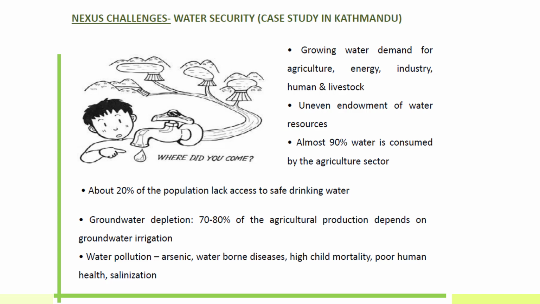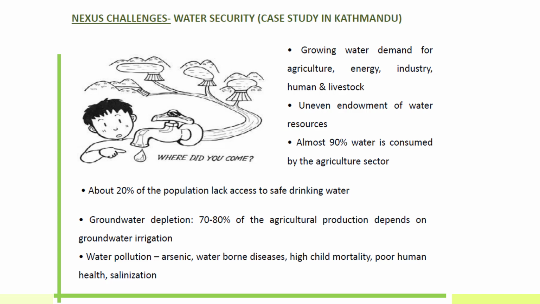If I ask any class that I've ever taught in the United States, where do you get your water? I've not had anybody say that they had to go a long distance to get their water. Most of us will say from the grocery store or from the tap, and that's not true in all of the world. There's also groundwater depletion.